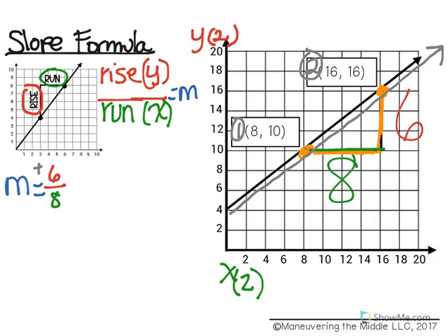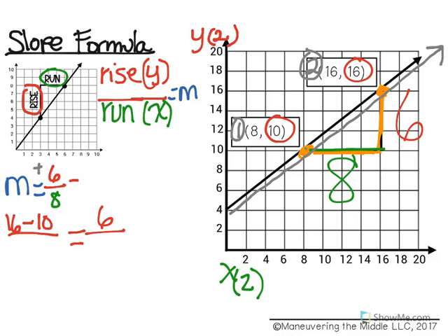I know that my rise was my y's. So I'm supposed to get 6 from my y's. My y's are 16 and 10. I get 6 if I subtract them. 16 minus 10 gives us 6.